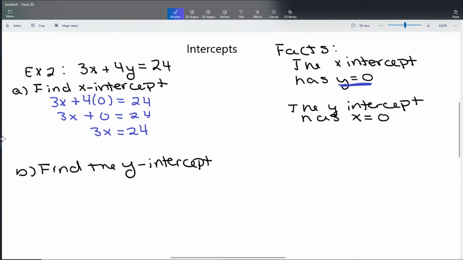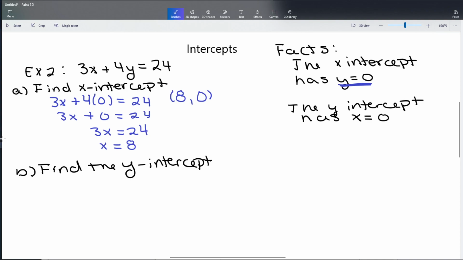When I divide by 3 on both sides, I get that x equals 8. Now this is when it's important to remember that the intercept is an ordered pair. The first number is x, and we can see that x is 8. But don't forget how we got started: we started with y equals 0. So that's the y part.